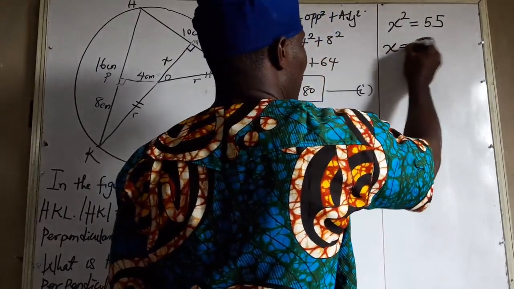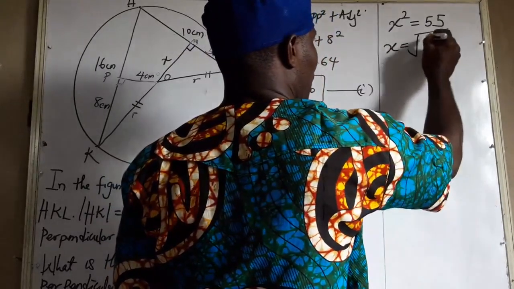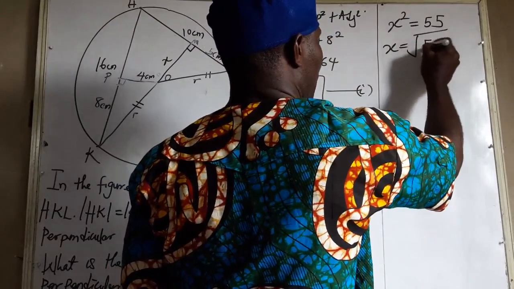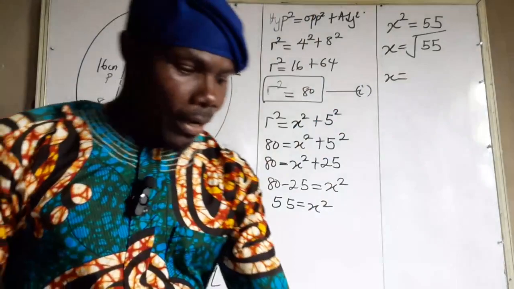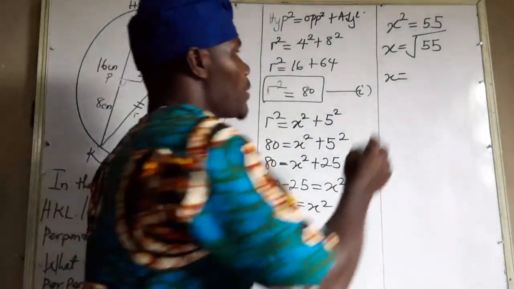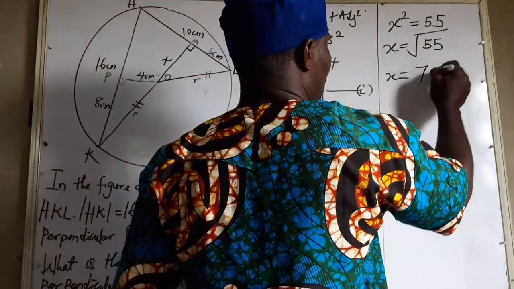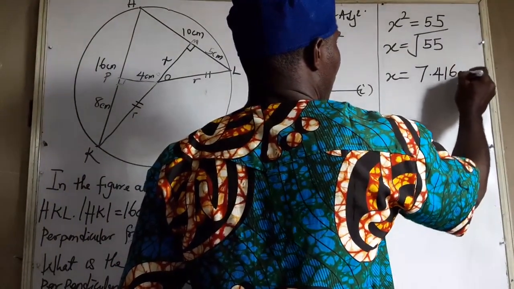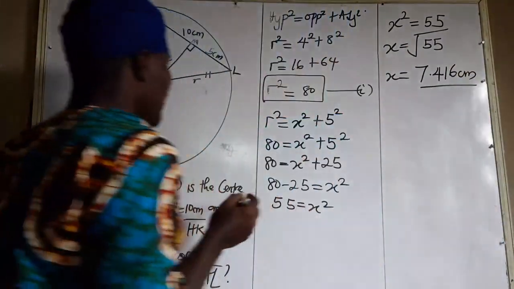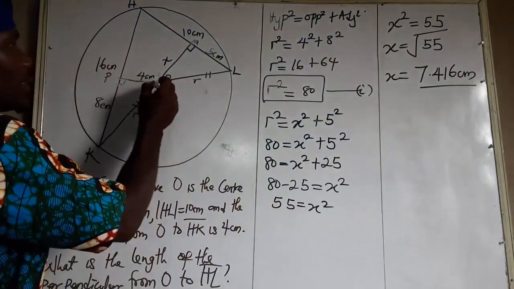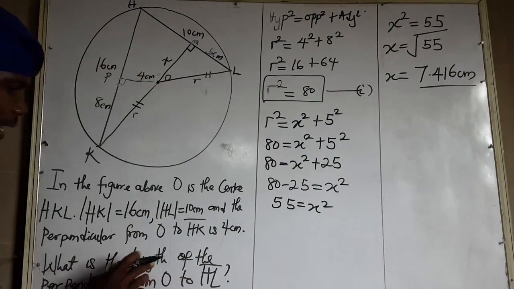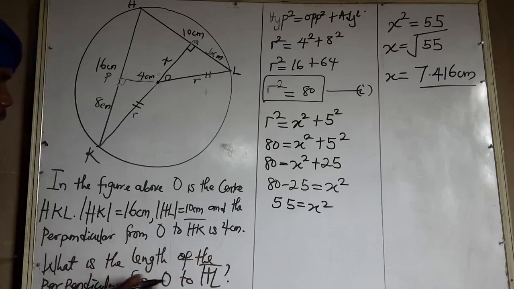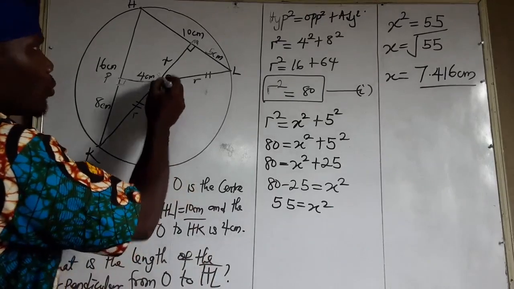So X will give us the square root of 55. By pressing our calculator, we have 7.416 centimeters.